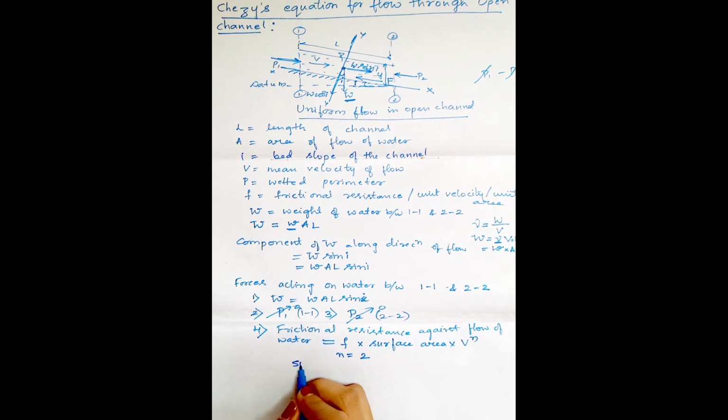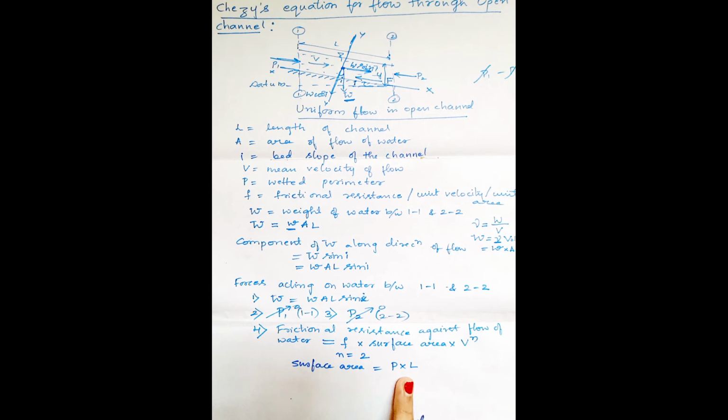And surface area is perimeter into length. It is not the overall cross-sectional area, it is only the surface area. So the surface area is perimeter into length. So let us take the frictional resistance as F, that is, the coefficient of friction into surface area into velocity square.